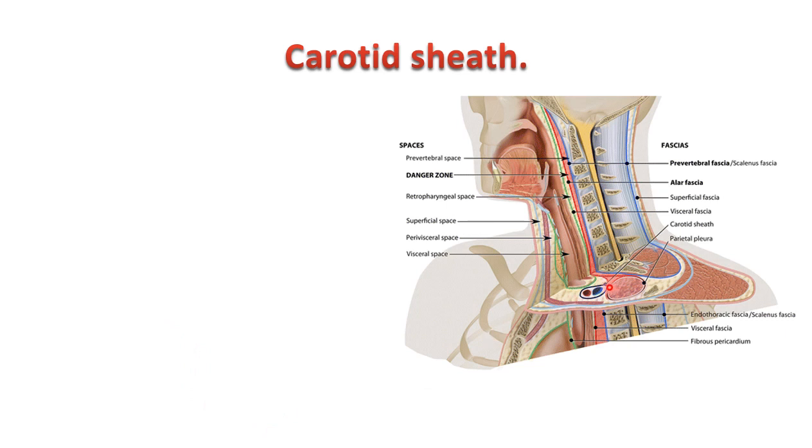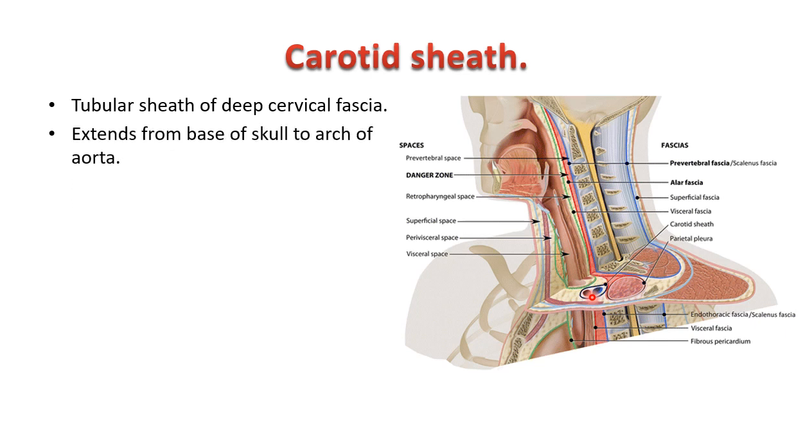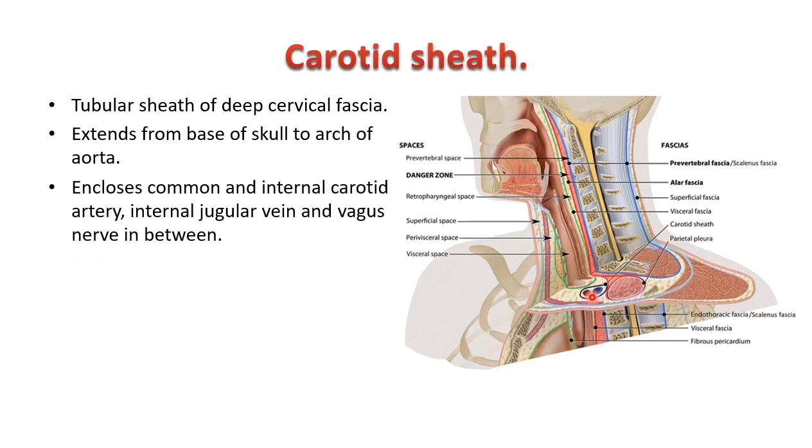Now here you are able to see the carotid sheath. It is a tubular prolongation of the deep cervical fascia which covers the great vessels, mainly your common carotid artery, then your internal jugular vein and internal carotid artery. Common carotid continues as the internal carotid.